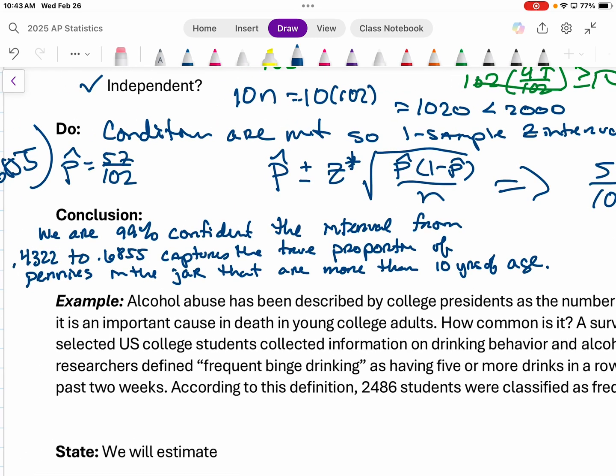Okay. We just can't just write the confidence interval. We just can't write the numbers and stop. We've got to interpret it in the conclusion. Okay.